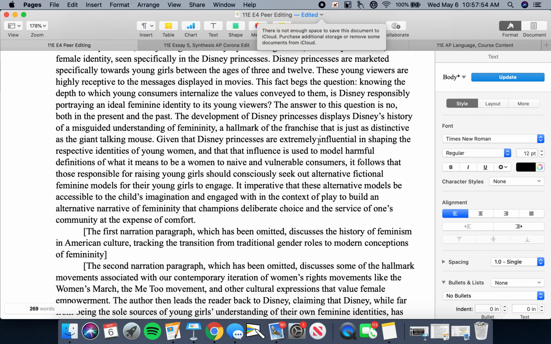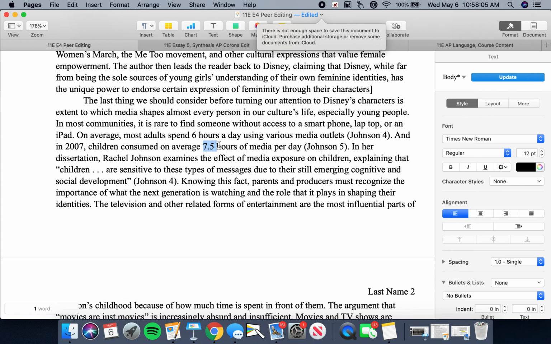Well, she writes a paragraph citing sources about the exposure that young people have to media, and media outlets, of which Disney is a titanic entity, right?